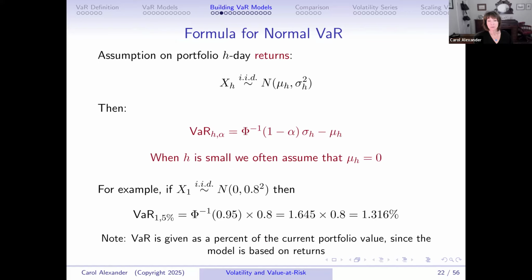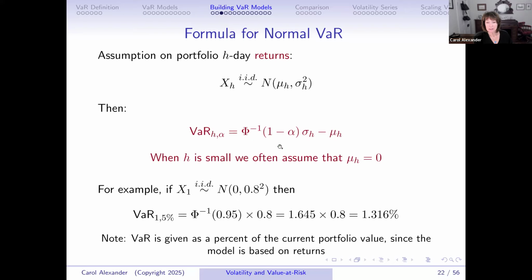And then if we have the mean mu_h and variance sigma_h squared, then our VaR is going to be phi to the minus 1 of 1 minus alpha times sigma_h, the H-day standard deviation of returns, minus the H-day mean of returns. But when H is small, we very often assume that mu_h is 0. And so really the VaR is just driven by the standard deviation of H-day returns.